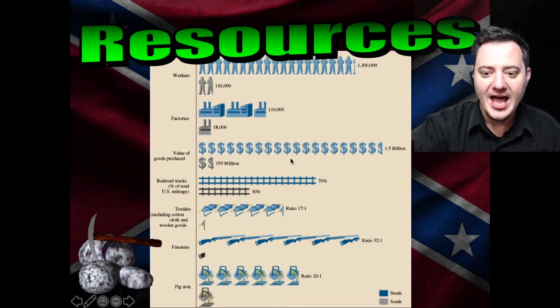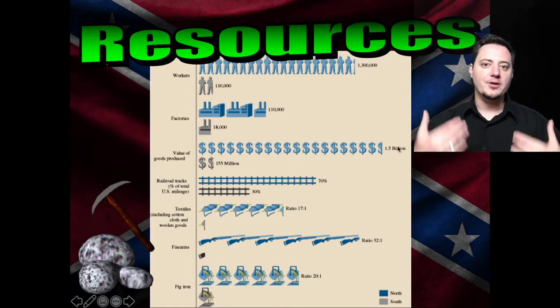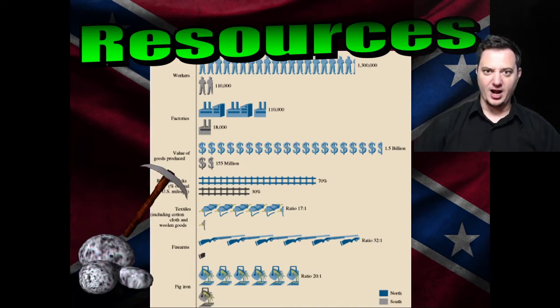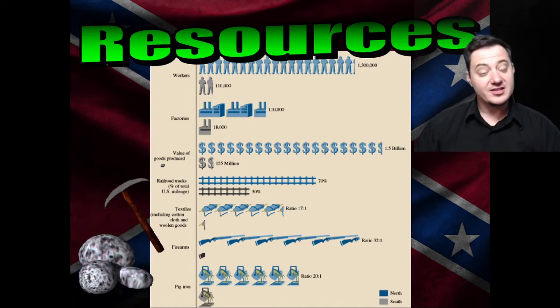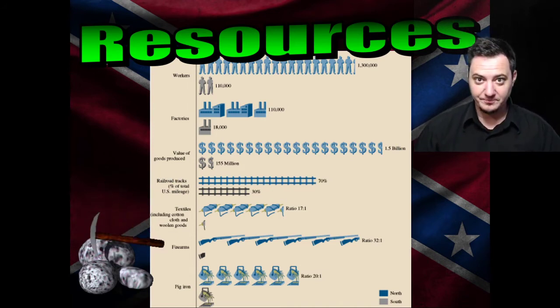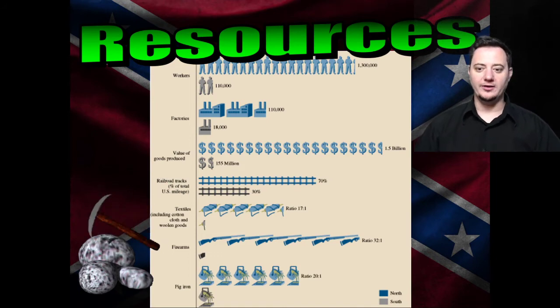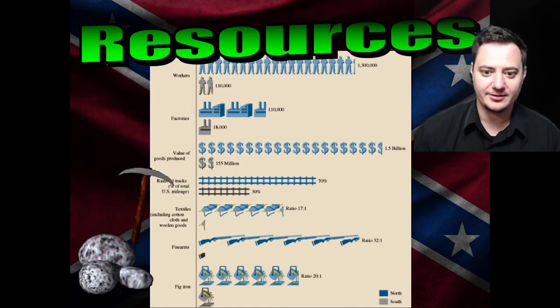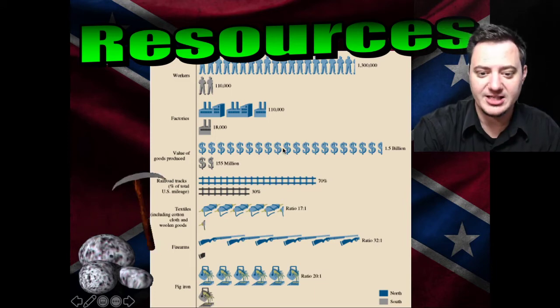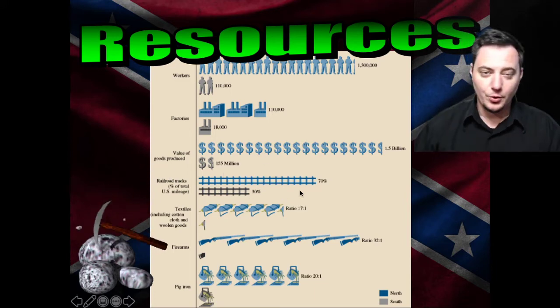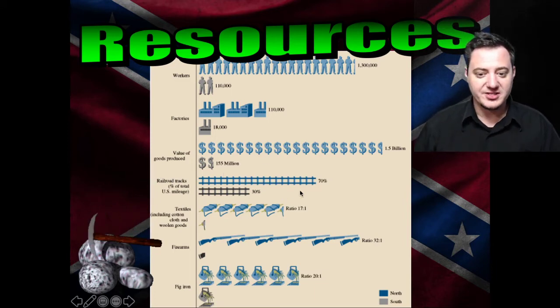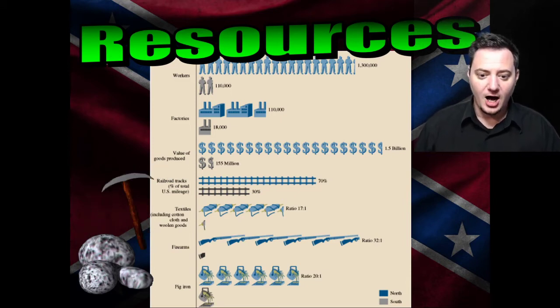The North has $1.5 billion worth of goods that they make every single year. The South makes $155 million. Not even 10%. Well, almost exactly 10%. The North has 70% of the railroad track. The South only has 30%.